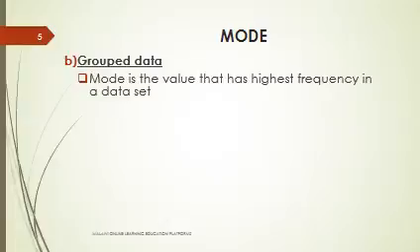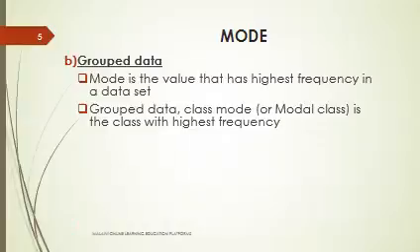The first thing to do when you want to calculate the mode in grouped data is to find the class mode, also known as the modal class. So how do we find that modal class? You just check the class which has the highest frequency. The class with that highest frequency is your modal class.